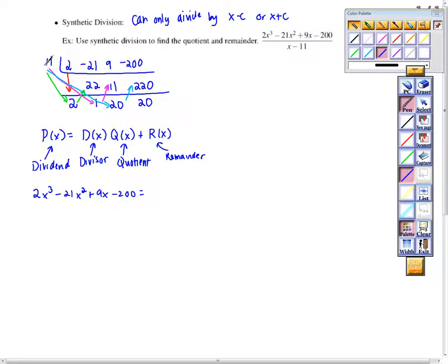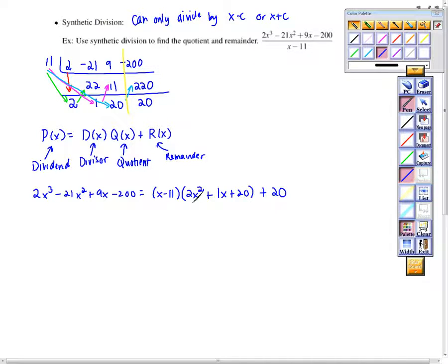The divisor, this was 11 because it was x minus 11, is x minus 11 times the quotient is what's left, except for this last one, ignore this for now. Okay, so if this was x cubed, this is going to be x squared. This is 2x squared plus 1x plus 20. That's my quotient. And the remainder is 20.